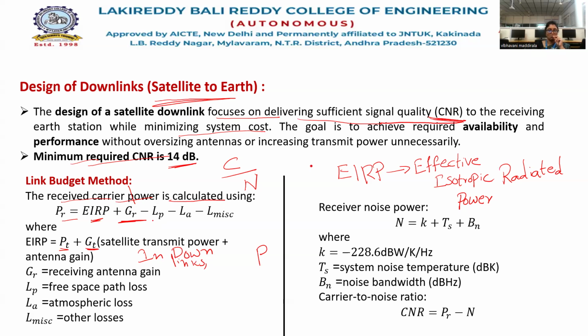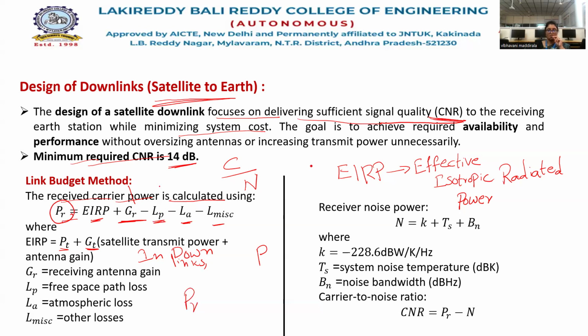LP is the free space path loss, LA is the atmospheric loss, and L miscellaneous is other losses. By knowing all these parameters, we will calculate the receiving power PR.